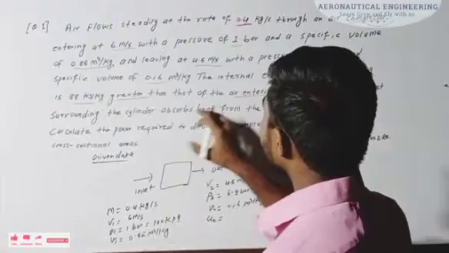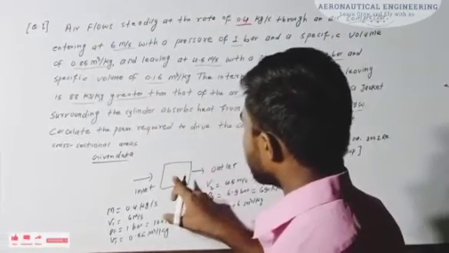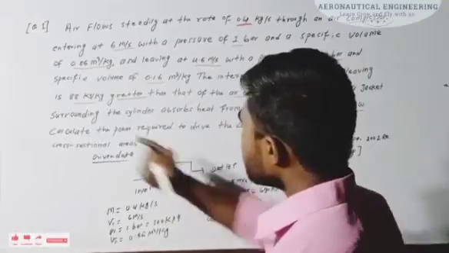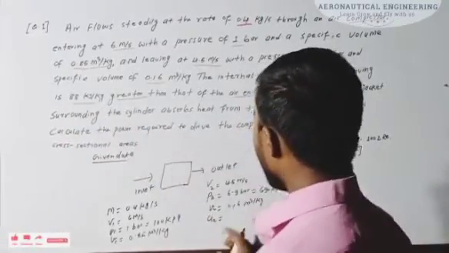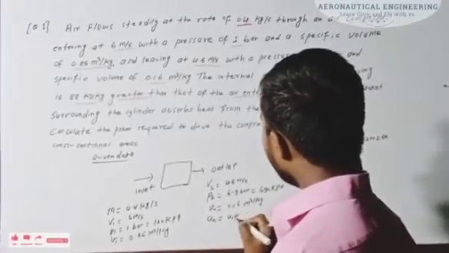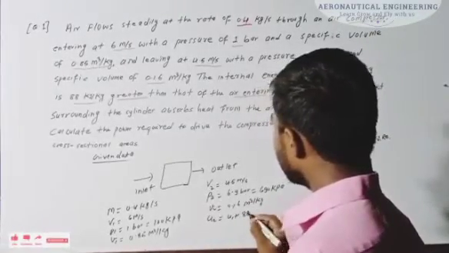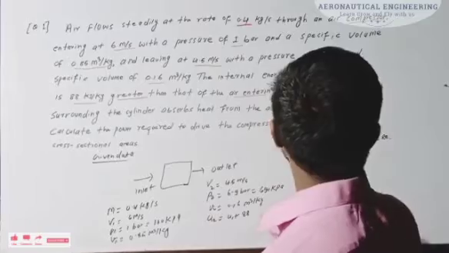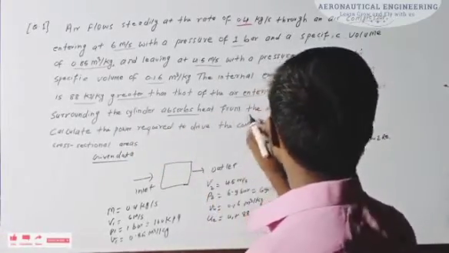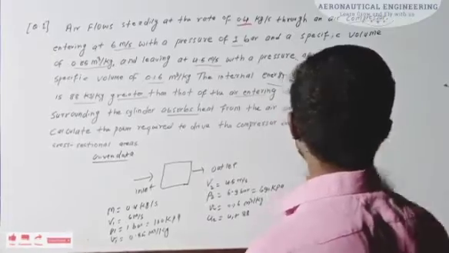So at the outlet, U2 is given as 88 kilojoule per kg greater than that of the entering air. This means the internal energy of the air entering the compressor plus 88 equals the outlet internal energy, so U2 equals U1 plus 88. Cooling water in the jacket absorbs heat from the air at the rate of 59 watt.